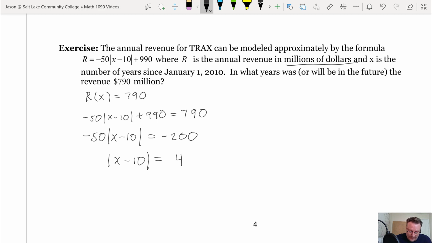If x minus 10 is positive, then the output of the absolute value function will just be that expression, x minus 10. So I get the equation x minus 10 equals 4, or, assuming that x minus 10 is negative, we have to multiply the entire expression by negative 1. So we do negative, in parentheses, x minus 10 equals 4.